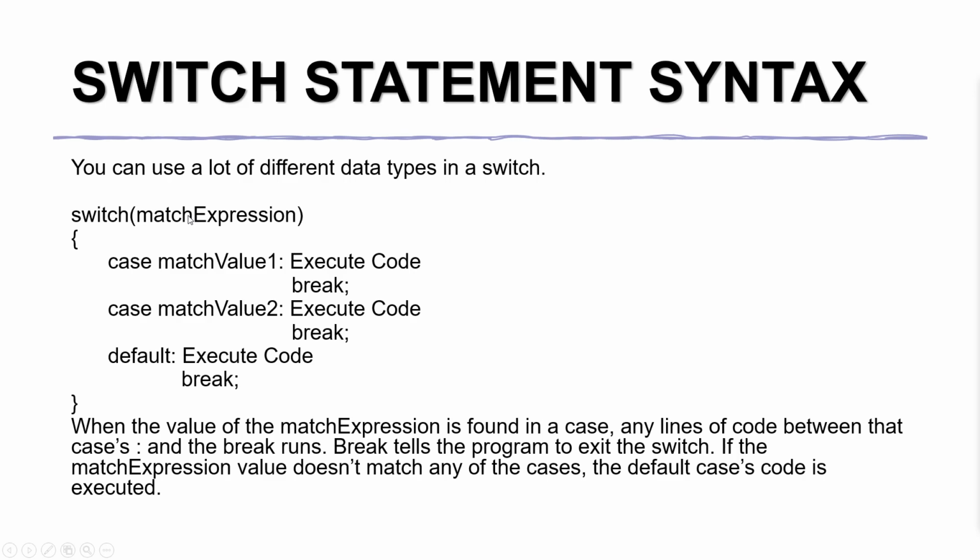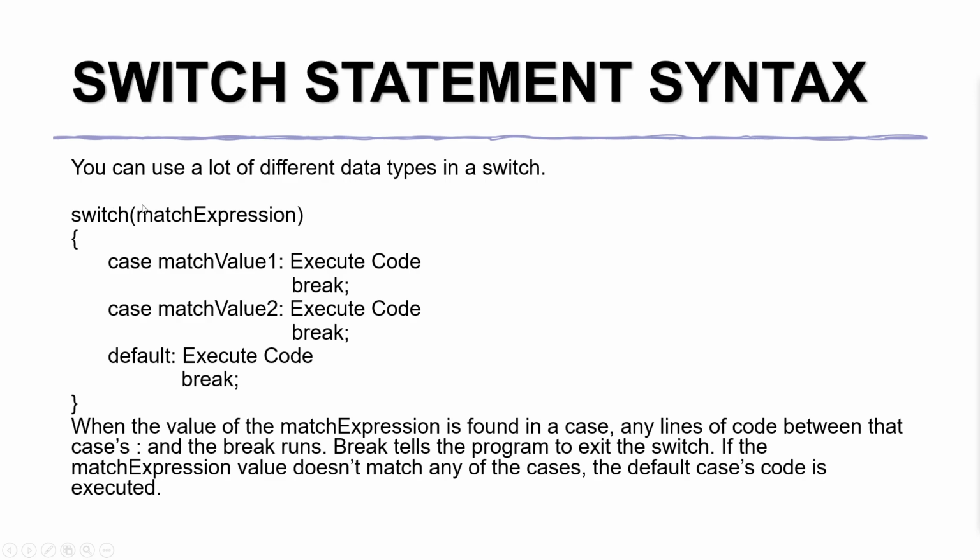We can use a lot of different data types in here. It's not necessarily just an integer. You really can't use floats with switches. That wouldn't work very well. You can use chars. You can even use strings in C# in this way.